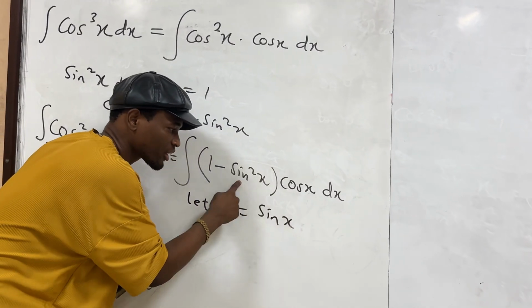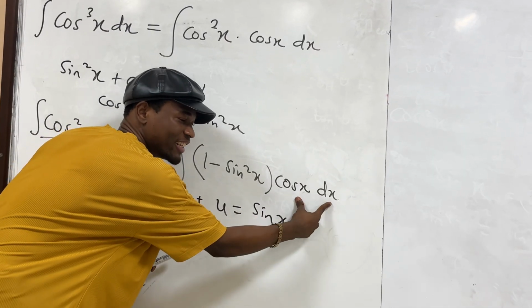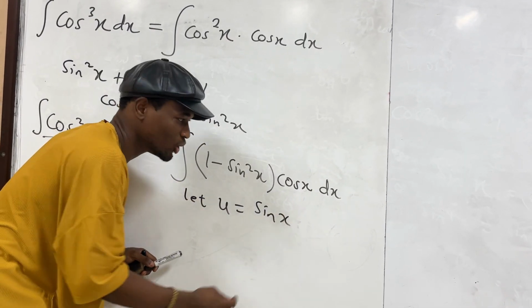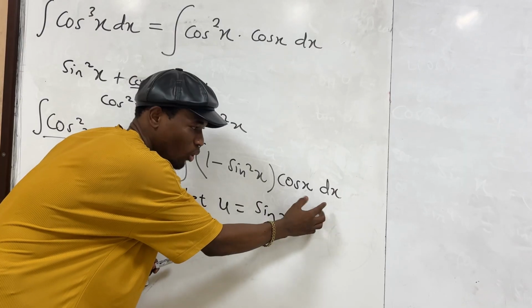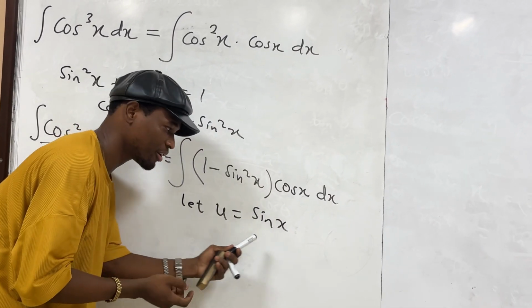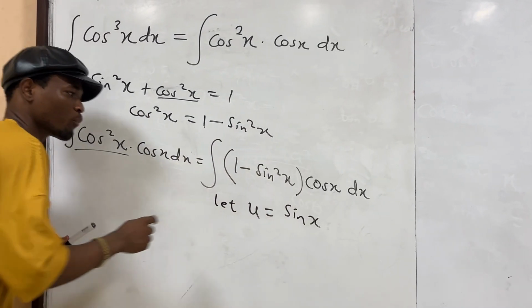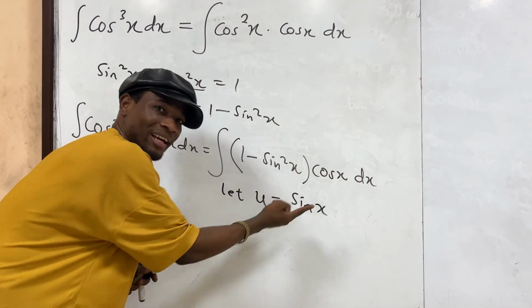Instead, we'll use the trig function that is far away from the dx. Do you get that right? So I have cos x multiplying dx, so I will not use cos x. I will use the other trigonometry function. Good. But what we have here is sine squared x, right?